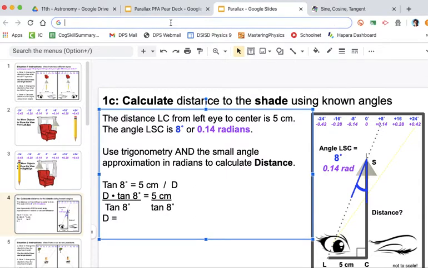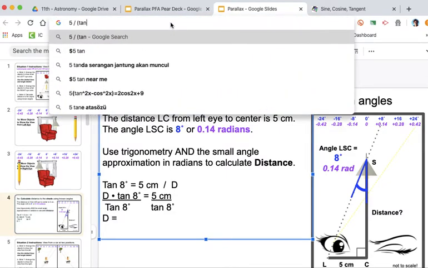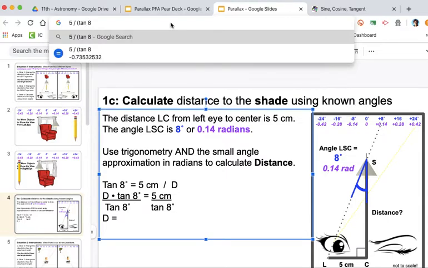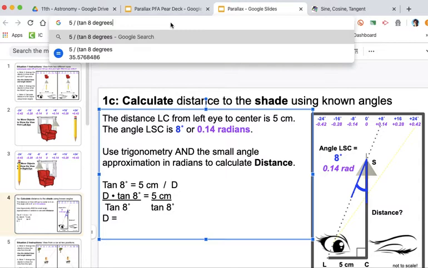So I can actually do that up here. I can say 5 divided by parentheses tangent 8. But I do need to write degrees if I want Google to understand that.